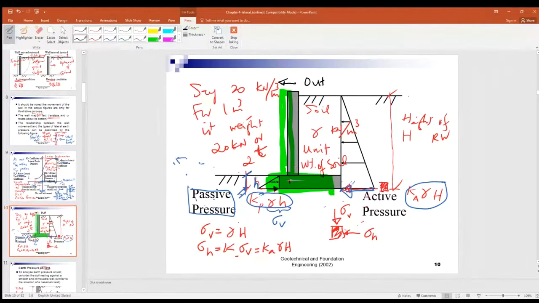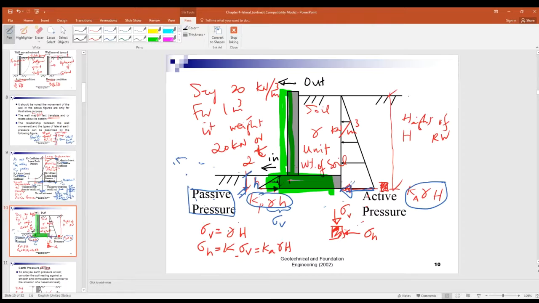Because the wall here is going out, or in terms of the right hand side, the soil lets the wall move in, right? The footing here is moving into the soil.